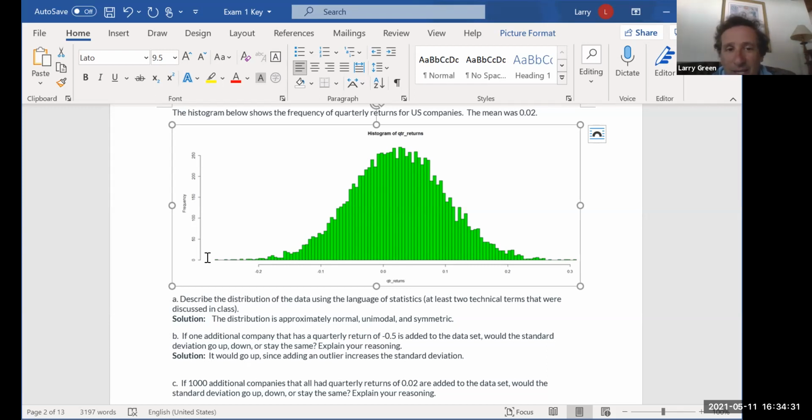I don't see you jumping in, but so we got an outlier. The standard deviation is an average distance from the mean. So if I have a bunch of numbers, a lot of them real small, and all of a sudden I add a really far away number from the mean, and I take the new average, is it going to go up, down, or stay the same?